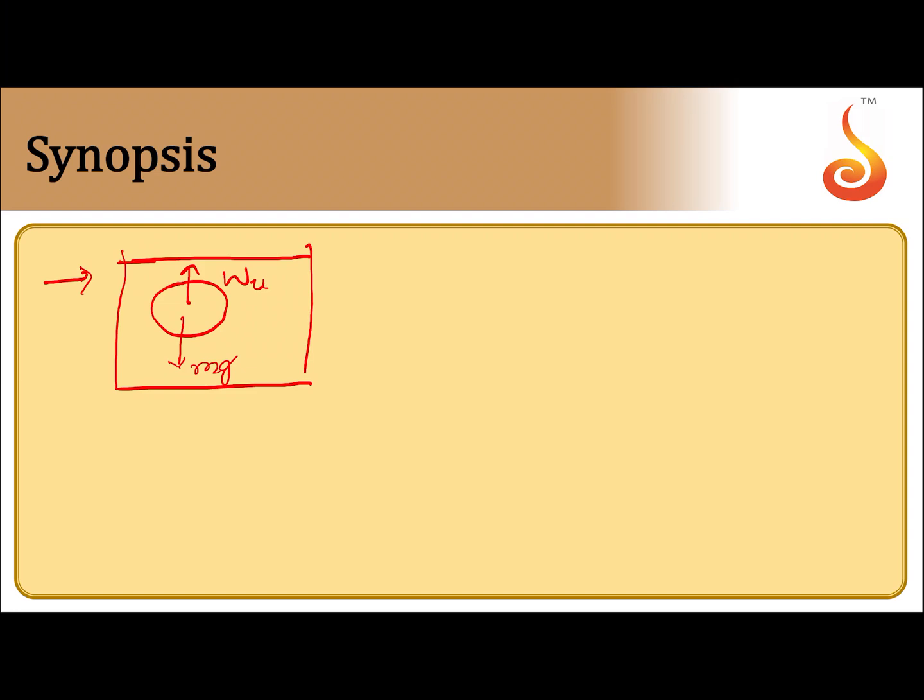If I release this object, at the instant of release, these are the two forces acting on the object. Now, if mg is greater than upthrust, that means if the weight of the object is greater than the upthrust, then the object sinks. It sinks to the bottom till another force, the normal reaction, is available. Upon reaching the bottom, it gets one more additional force, the normal reaction, and thus in addition to upthrust, that normal reaction can keep the object in equilibrium.